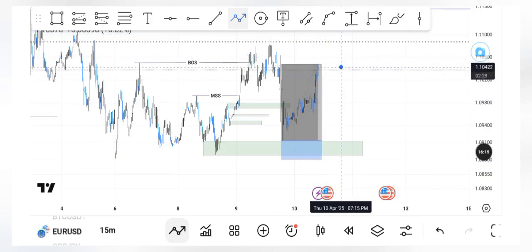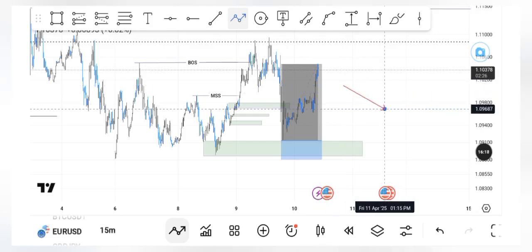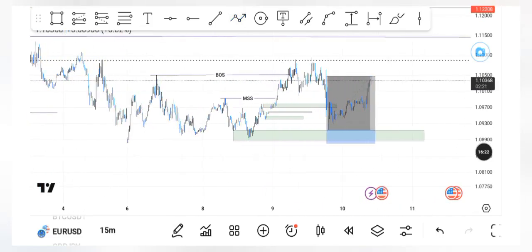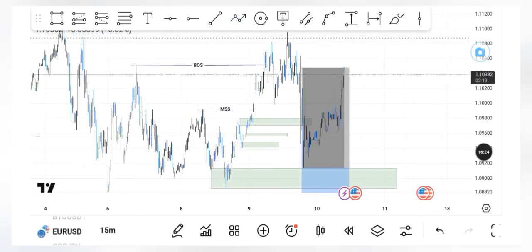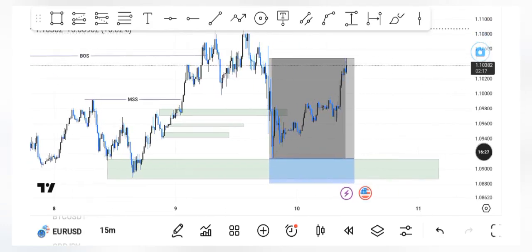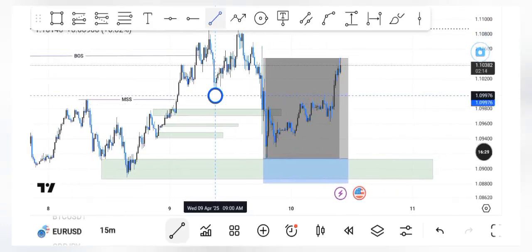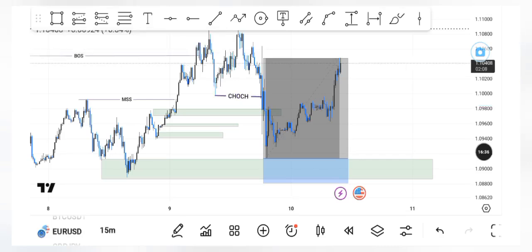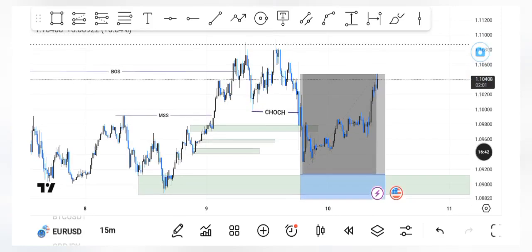So will the market likely continue to the upside? Yes, because it's still having a terrible problem pushing above this market on that supply zone or resistance level. However, the market has also given us a shift in market or change of character to the downside, but it did not break the lower low of the market, which means we still expect a bullish movement.